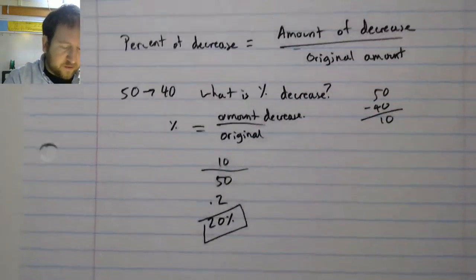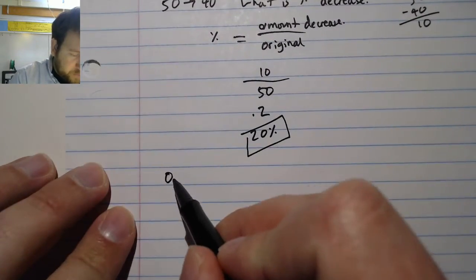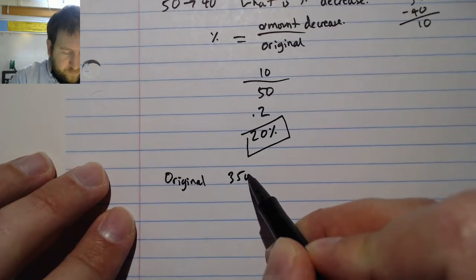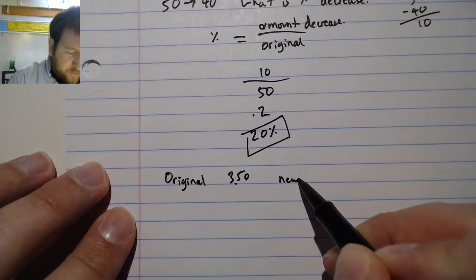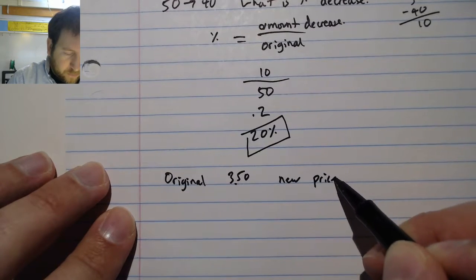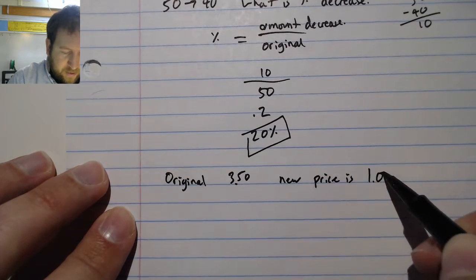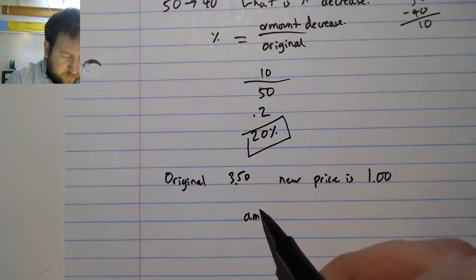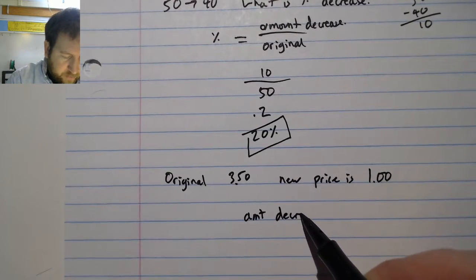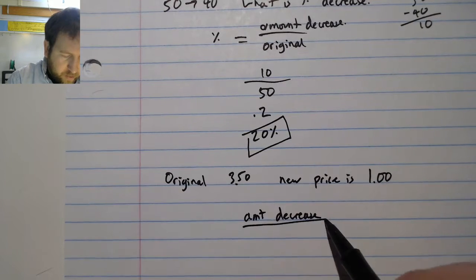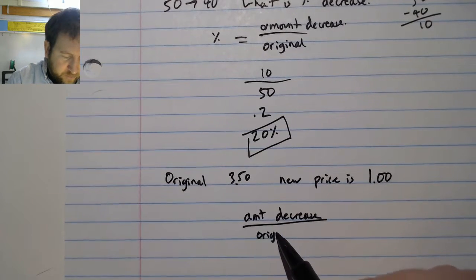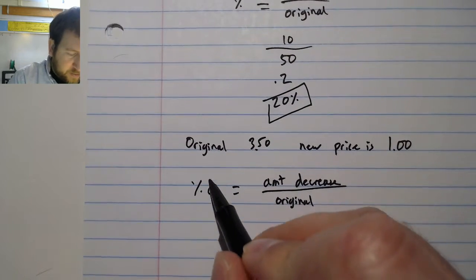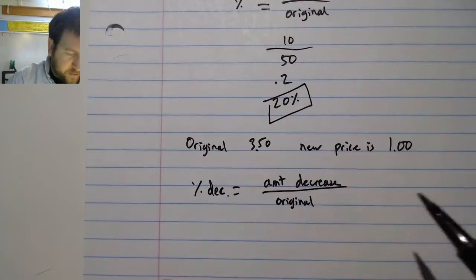So our original price was $3.50. And the new price is $1. So I'm going to use my little formula. I'm going to say amount of decrease over my original is going to give me my percent decrease, right?